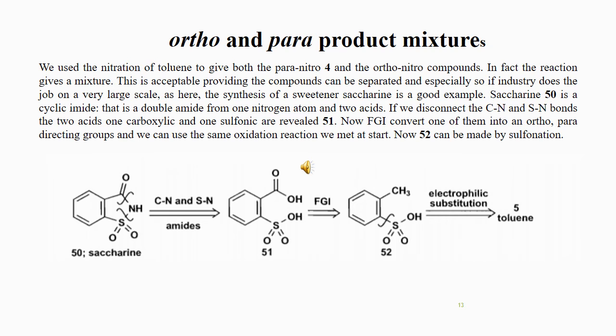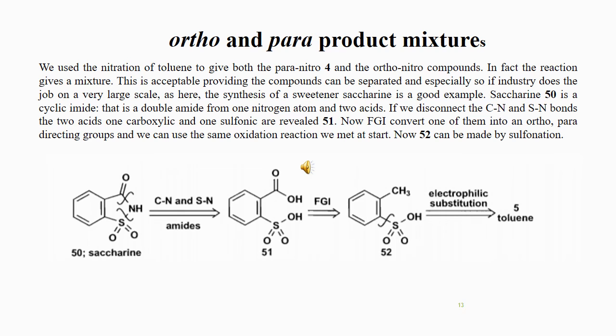So now 52 can be made by sulfonation. What did we do? If you remember, when we were going to disconnect the benzoic acid in the previous slides, we did say that disconnecting the C to C bond of the carboxylic acid is not a good reaction.